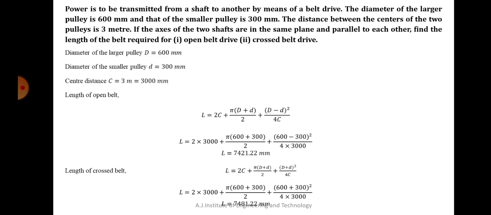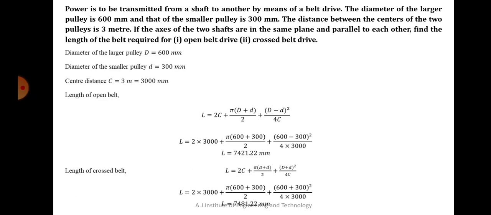Let us just go through the data first. What data is given? The diameter of the larger pulley is given, I'll take it as capital D, 600. Then the diameter of the smaller pulley is also given, that is small d, 300. Center distance is given as 3 meters.